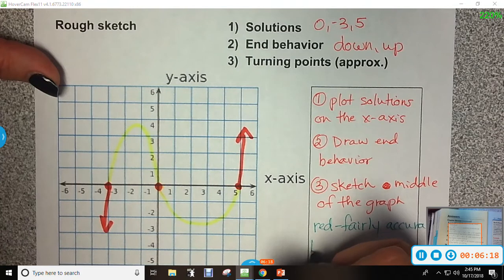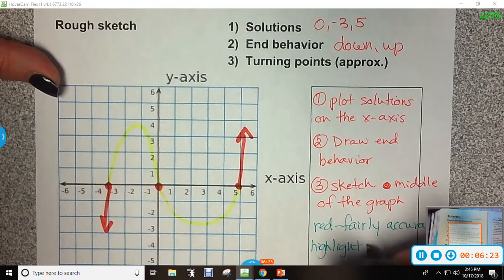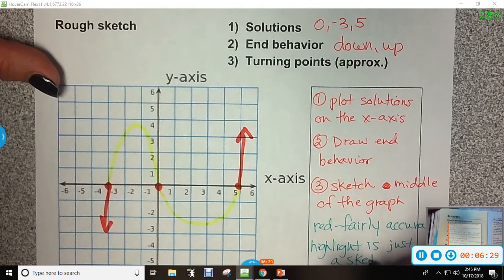And the highlight is just a sketch. It is approximate.